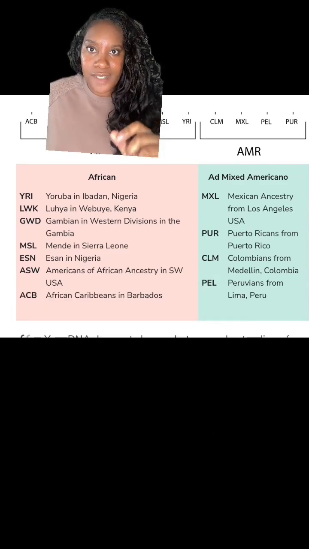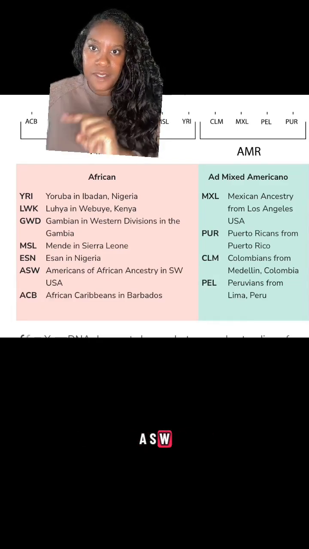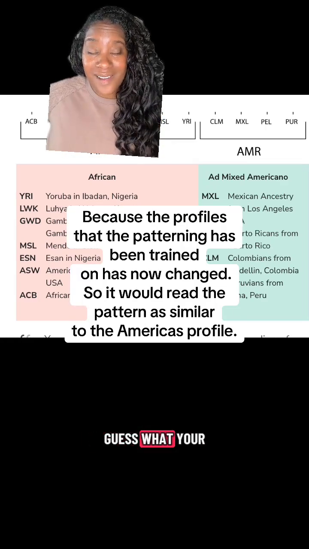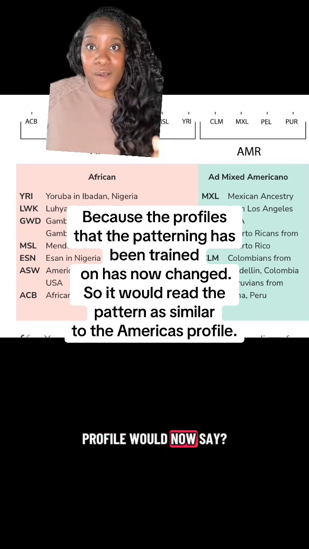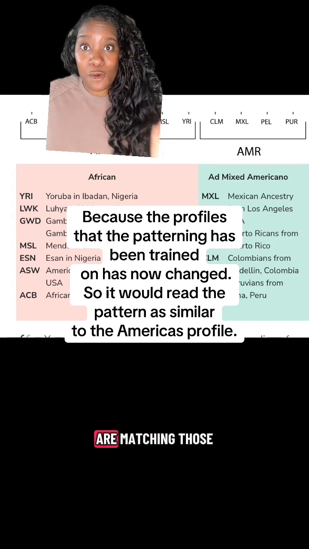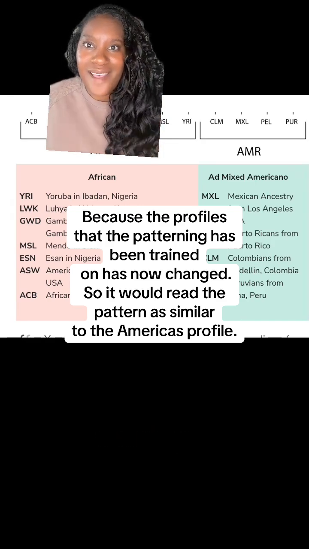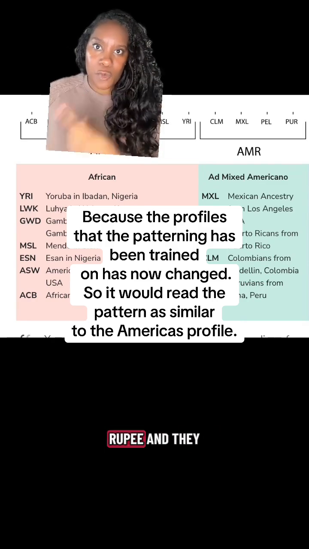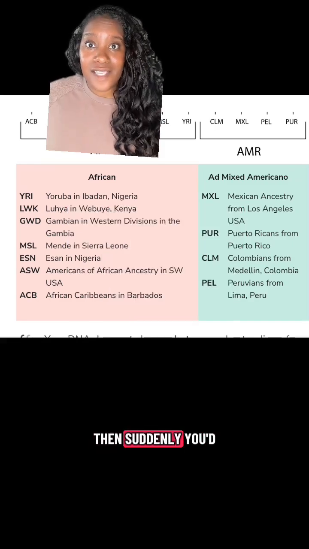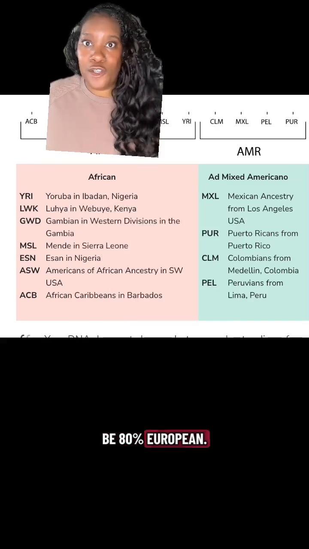If you took those same groups, if you took ASW and ACB and moved them over to the Americas, guess what? Your DNA profile would now say that you're 70% American if you are matching those two groups. Hell, if you were matching Yoruba and they moved Yoruba over to European, then suddenly you'd be 80% European.